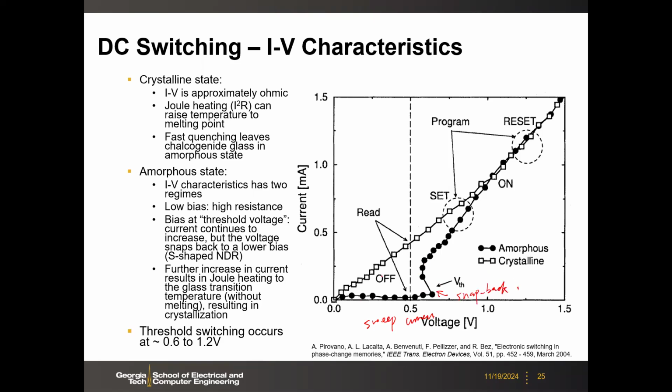So you can only get the set process from this IV characteristic in the DC sweep. If you start with the high resistance state, the amorphous state, the current is low, and then until the current is high enough, you trigger the set, and then you have the snapback because resistance changes from high to low, and then you continue. And then you can sweep back, and the device will go to the low resistance state.